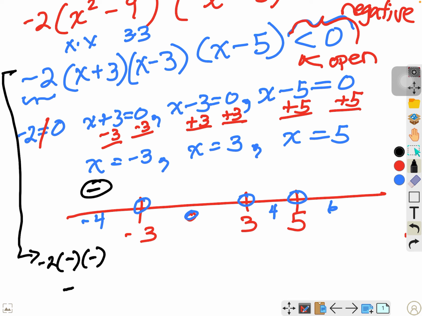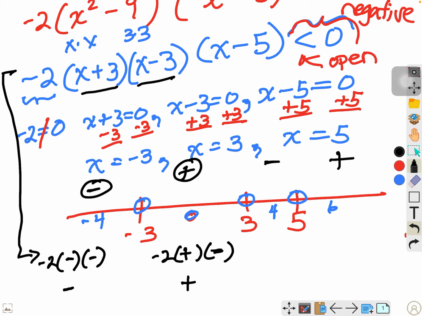Plugging in 0, 0 plus 3, that's going to be positive. 0 subtract 3, that's going to be negative. So we're going to get a positive region here. And we're basically expecting the third region to be negative and the fourth region to be positive. But we're going to take our time and check.